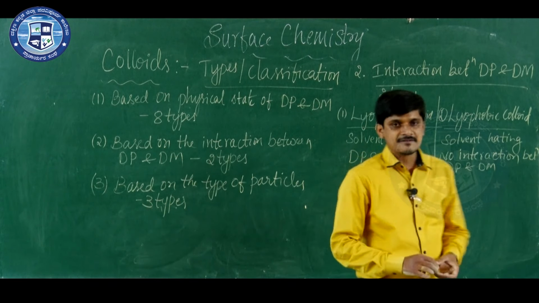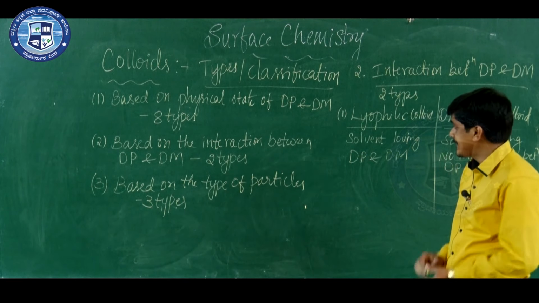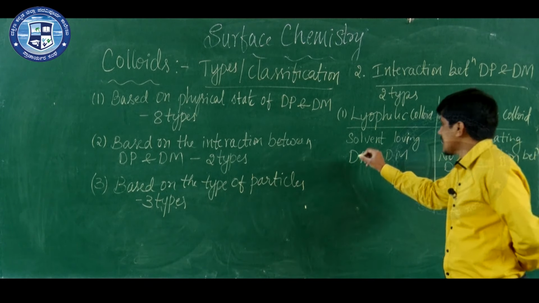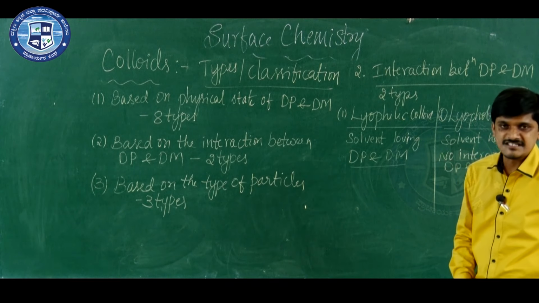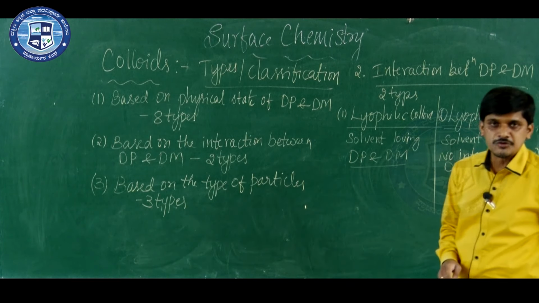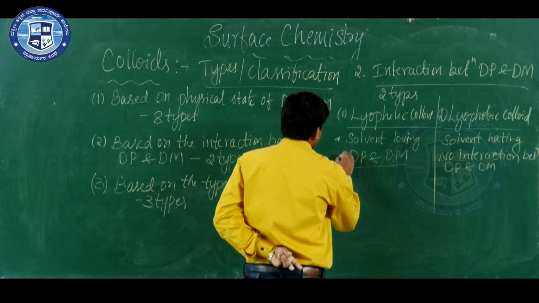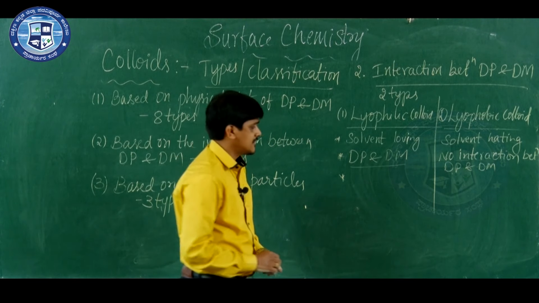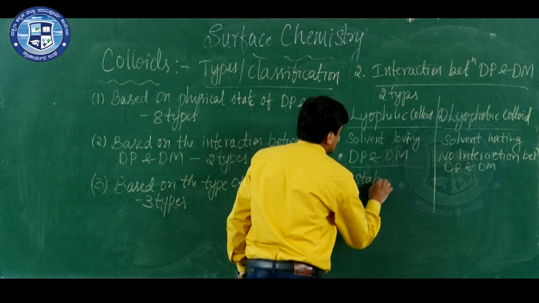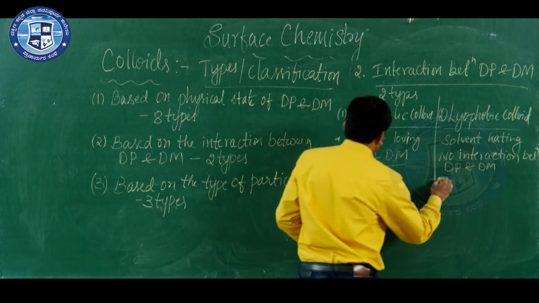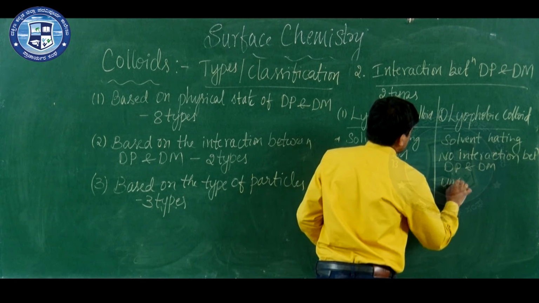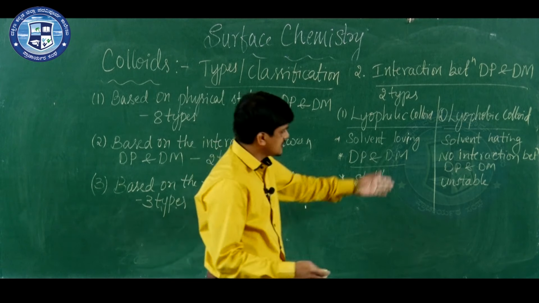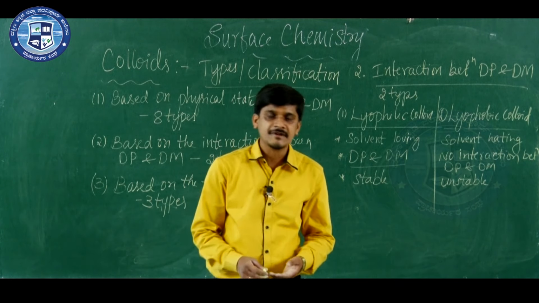So, what are the differences between lyophilic and lyophobic colloids? One difference: lyophilic are solvent loving, lyophobic are solvent hating. In lyophilic colloid, there is interaction between dispersion phase and dispersion medium. In lyophobic colloid, there is no interaction between them. Another difference is that lyophilic colloids are stable because of strong interaction, whereas lyophobic colloids are unstable because there is no interaction between dispersion phase and dispersion medium.